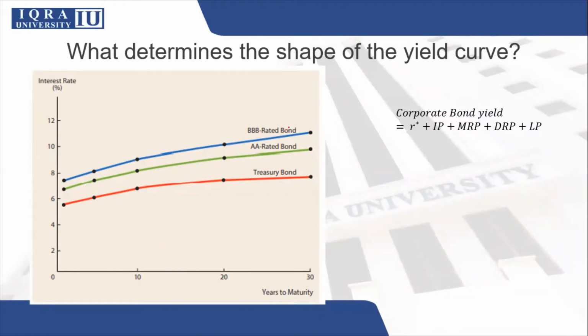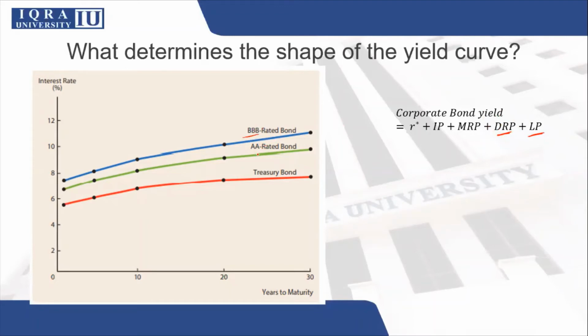Similarly, the triple B rated bond is going to offer an even higher rate because it has gotten a lower rating. It means that the default risk for this one is higher. And the reason for this upward shift is because your corporate bond will include the default risk as well and the liquidity premium as well. So the default risk premium is going to depend upon the rating of the bond.